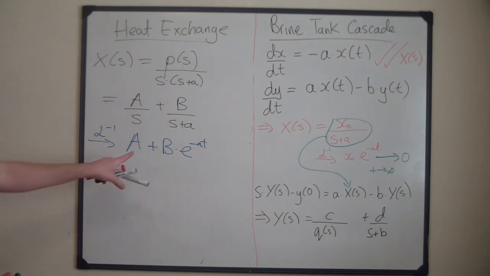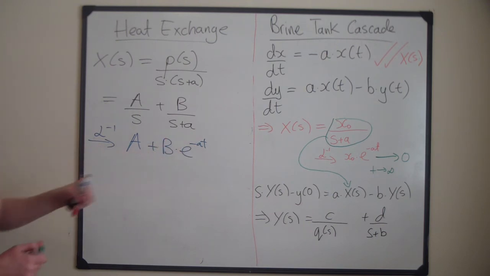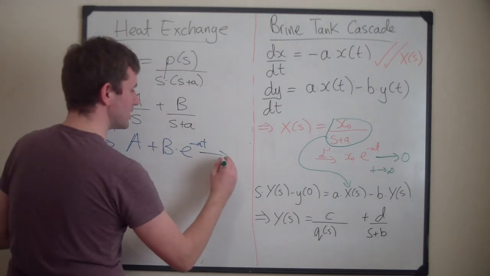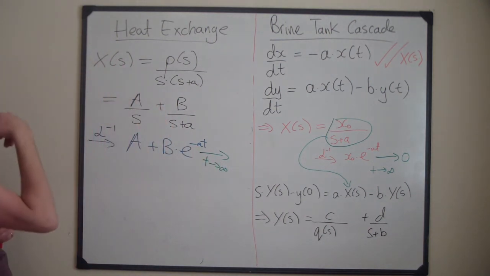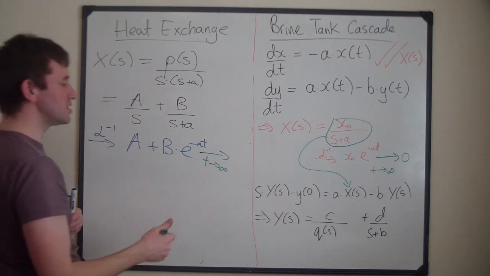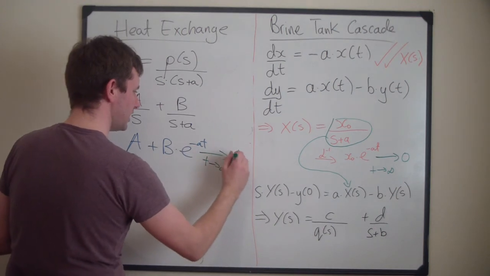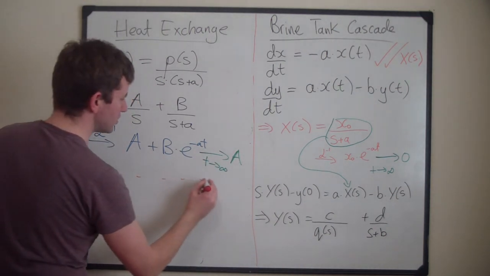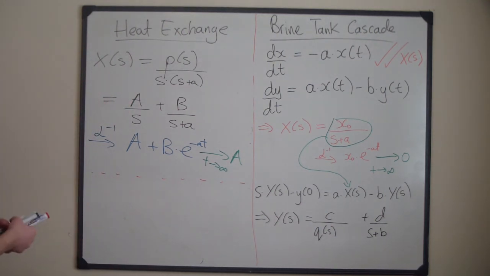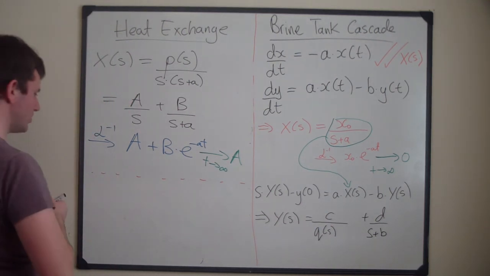The thing to note is that as time gets big, this gets small. So as time gets big, the temperature, because little x of t is the temperature of one material, goes to this constant A. And when you look at the other, Y of s, you end up with a similar story.